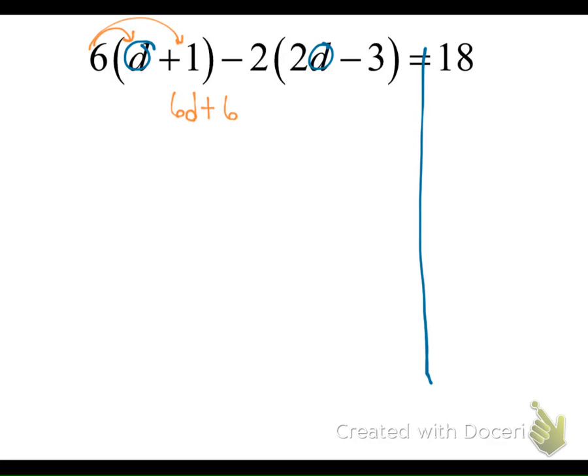Then you're going to distribute the negative 2 times 2, which is negative 4D. And then negative 2 times negative 3. Two negatives equal a positive, so 6.